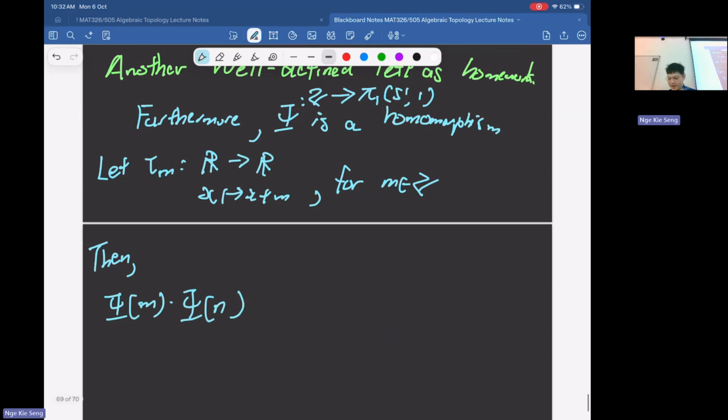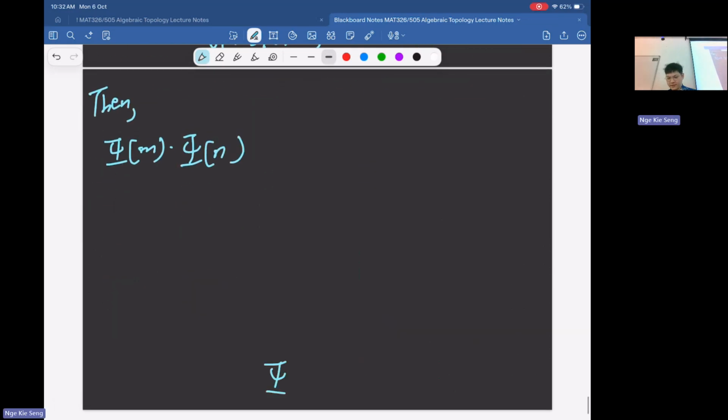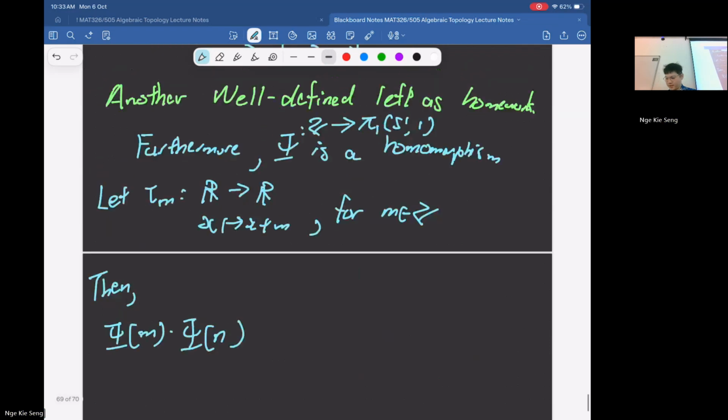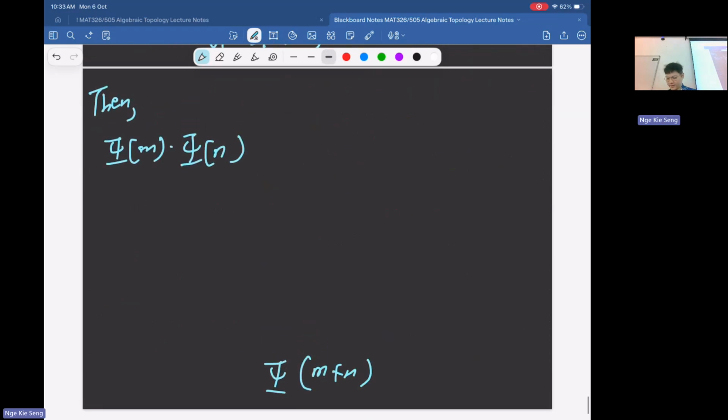So Psi m times Psi n equals Psi of m plus n. This is our goal here. So what is Psi m and Psi n? By definition, it's just composing omega m and omega n.